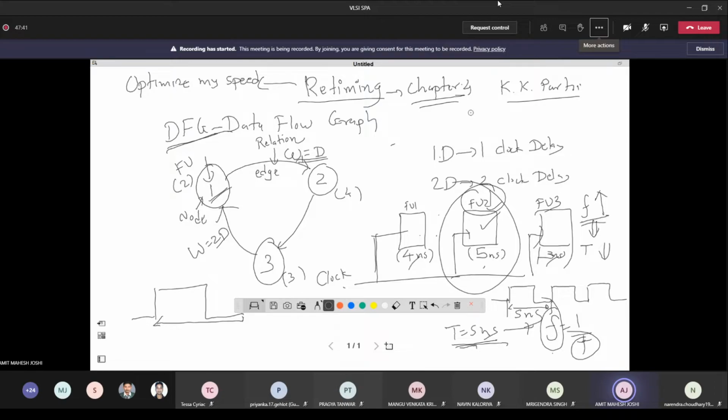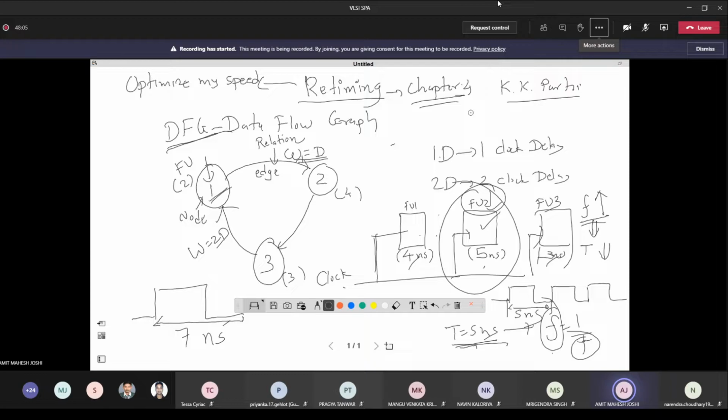Now I am considering the delay of node 2 is 4 and the delay of node 3 is 3. So to complete the functionality from node 2 to node 3 within one clock cycle, I need to ensure that the period of my system clock is 7 nanoseconds.